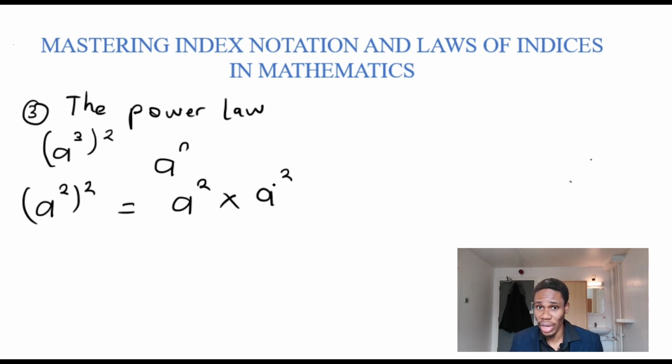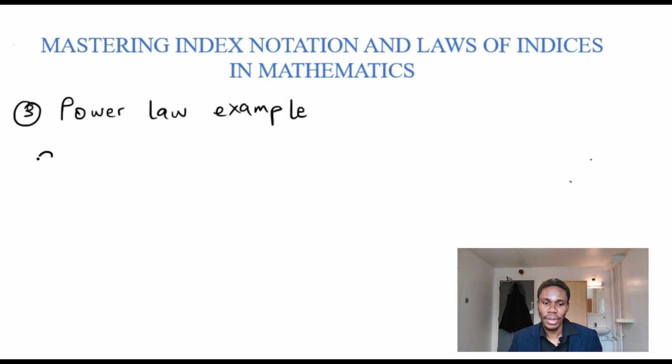Then you add their exponents. Very, very easy. So we have a to the power 2 plus 2, and that gives us a to the power 4.